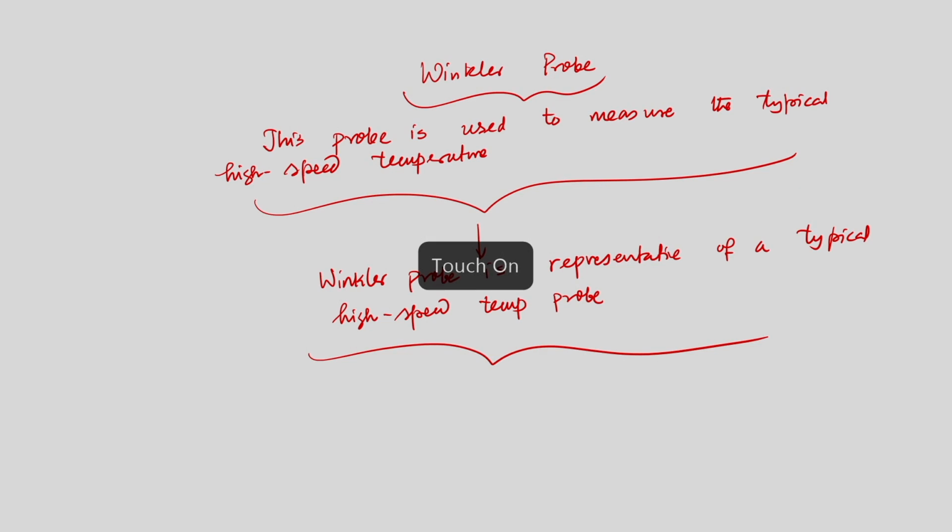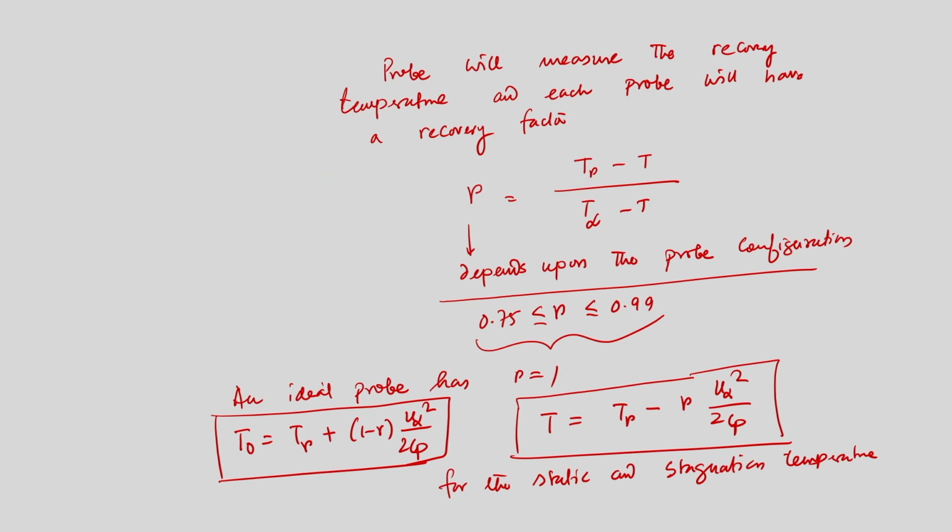Again, if I go back to my previous slide, we have discussed that if we place the probe in the flow field, there will be sudden deceleration and a rise in temperature, and this rise in temperature will be problematic in measuring temperature of high speed flows. For that we have defined a recovery factor.